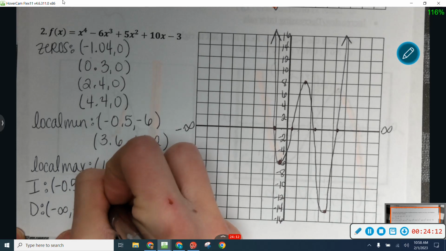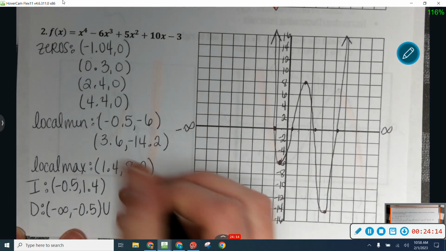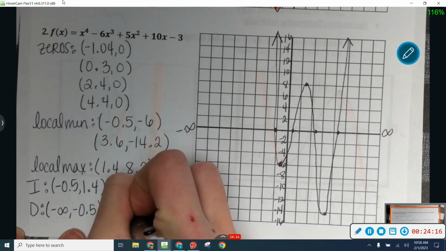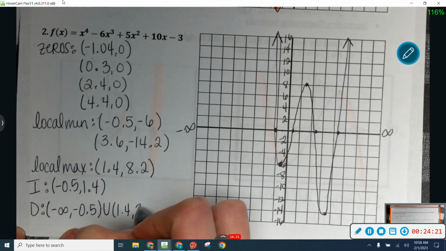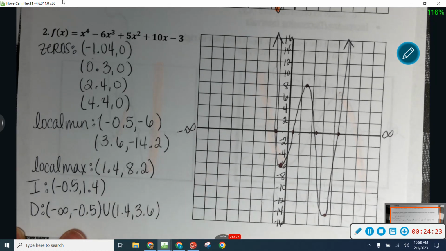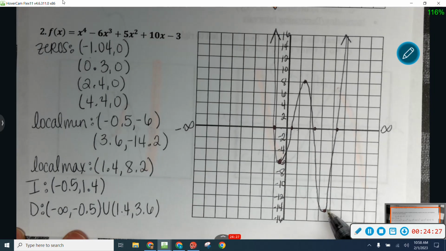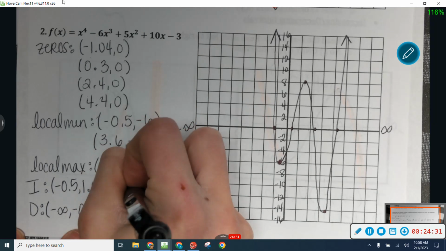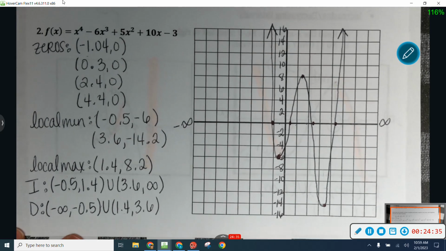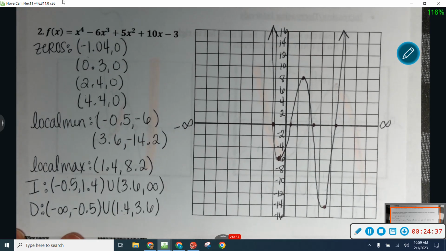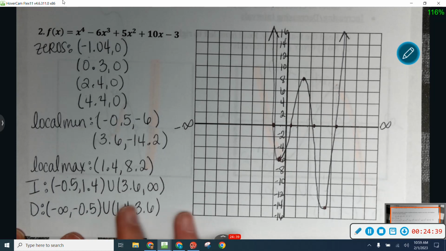Then I decrease again from that 1.4 to my next minimum at 3.6. Then from 3.6, I just start increasing. So 3.6 to infinity.